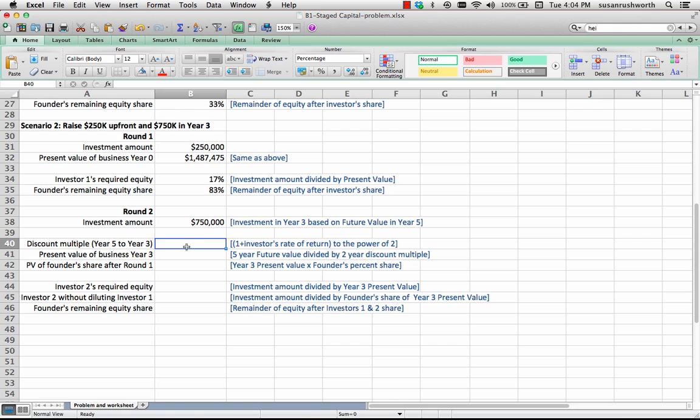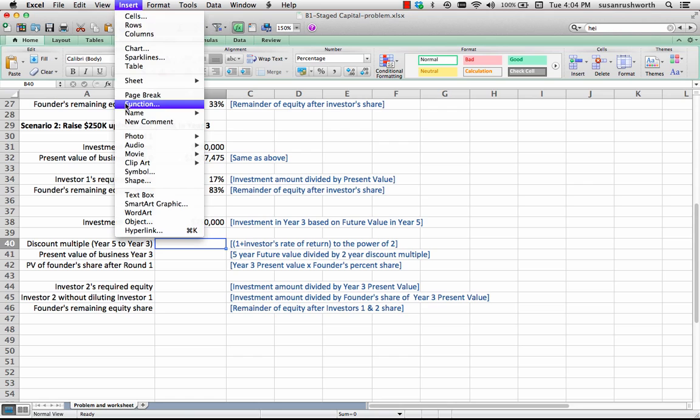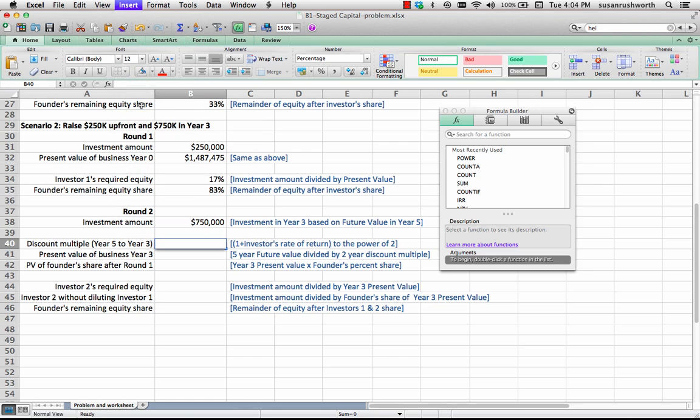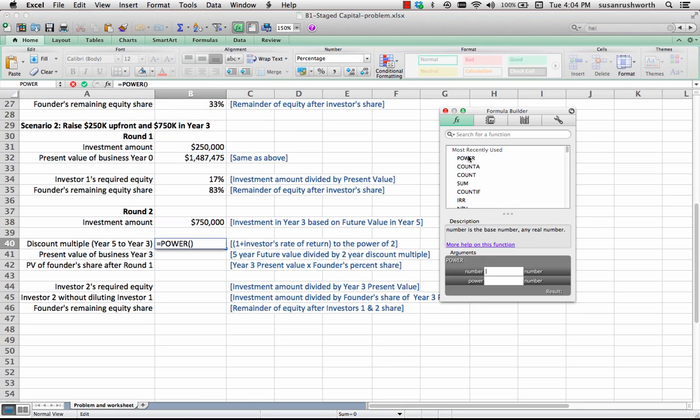So in this situation, because the investment is only for 2 years, you only need to calculate the discount multiple over 2 years. So once again, we're raising the 1 plus the interest rate, which is 0.4, to the power of the number of years, which is 2. So once again, it's the power function, and I'll get it from the menu.